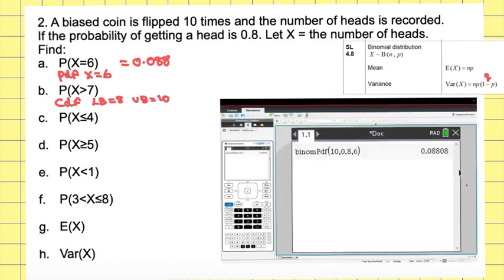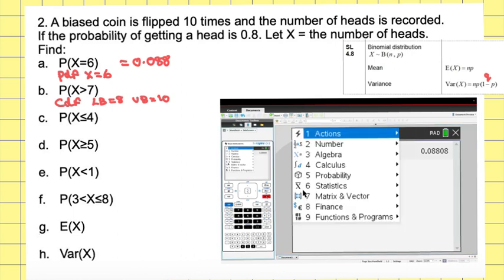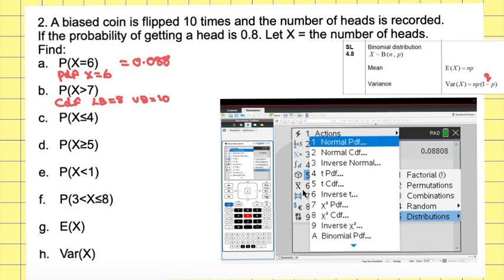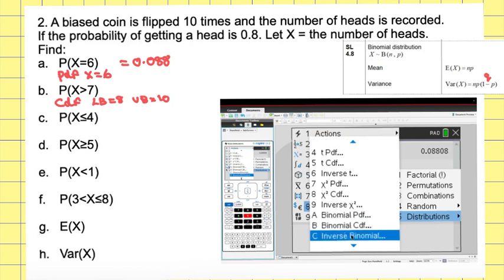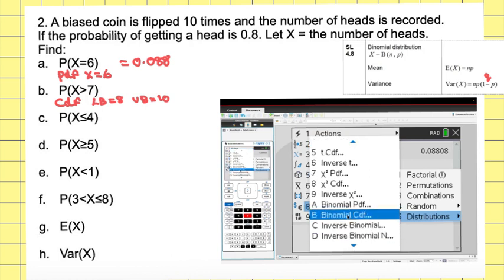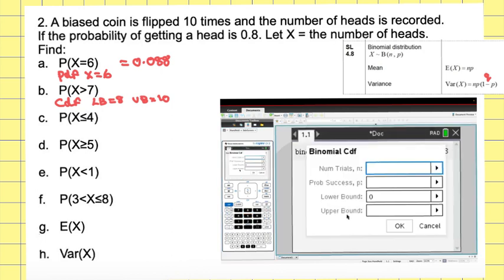I've reopened my TI Inspire, so I go to menu, 5, scroll down, open binomial CDF, and this time I get 4 things to fill in.